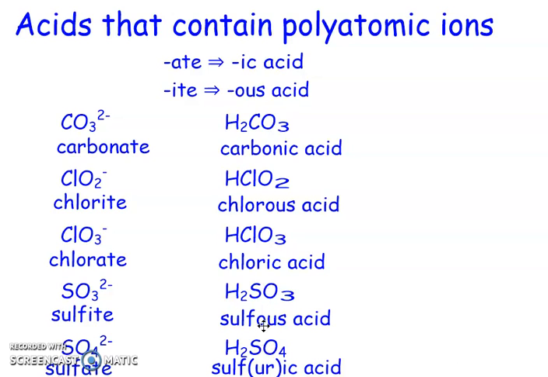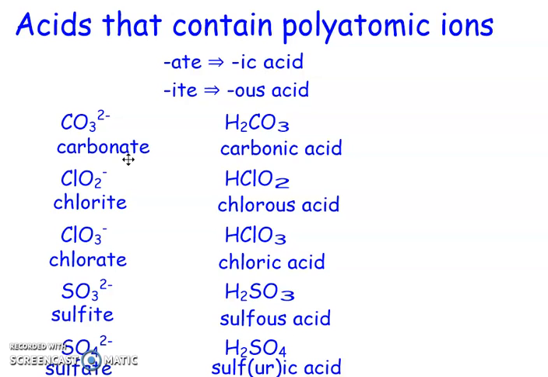Again, with the sulfur one, sometimes they put the UR back in. If you look on the table of common acids in your reference table, you will see it with the UR in there. And there's a couple other examples where they stick a couple extra letters in there, kind of just to make it sound better. Don't worry about that. If you're following this exact formula, you're fine.